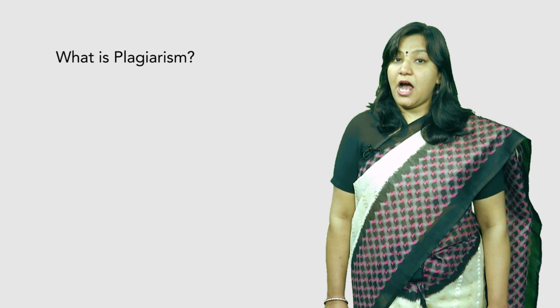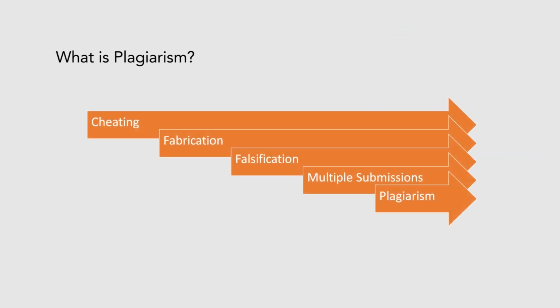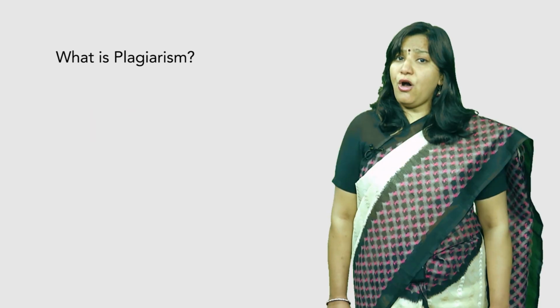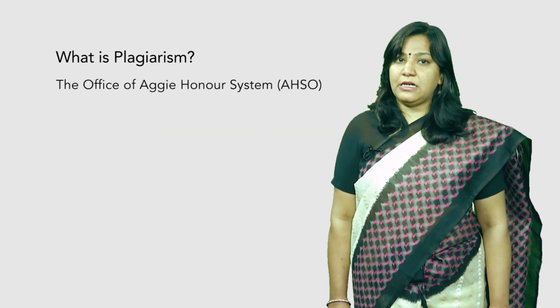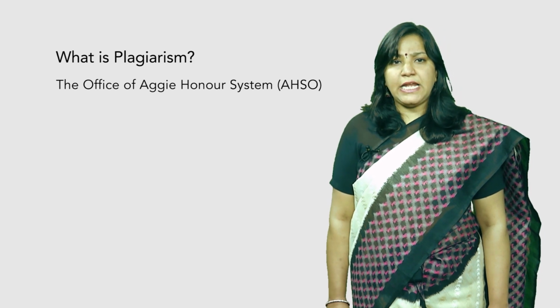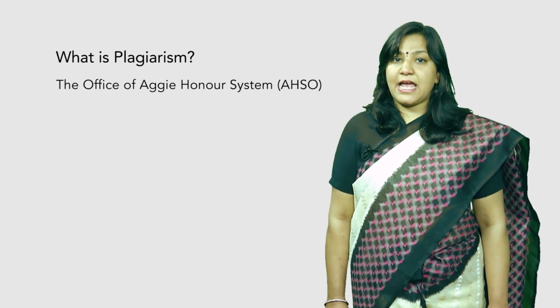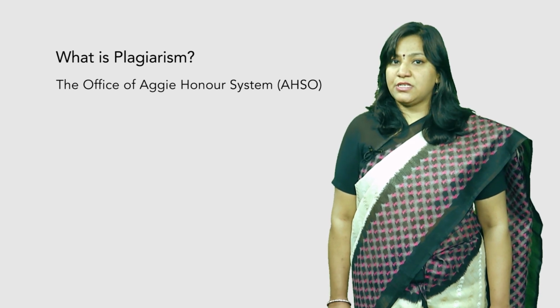Academic misconduct is categorized as scholarly dishonesty under the following categories: cheating, fabrication, falsification, multiple submissions, and plagiarism. The Aggie Honor System Office (AHSO) established under Texas A&M University defined various acts characterized as dishonesty in scholarly communications.